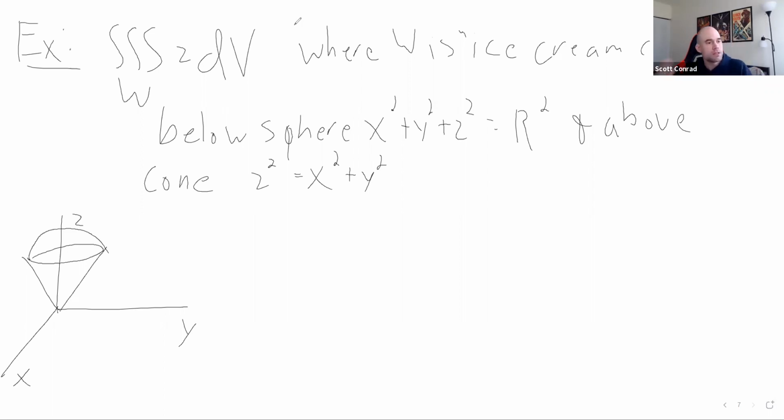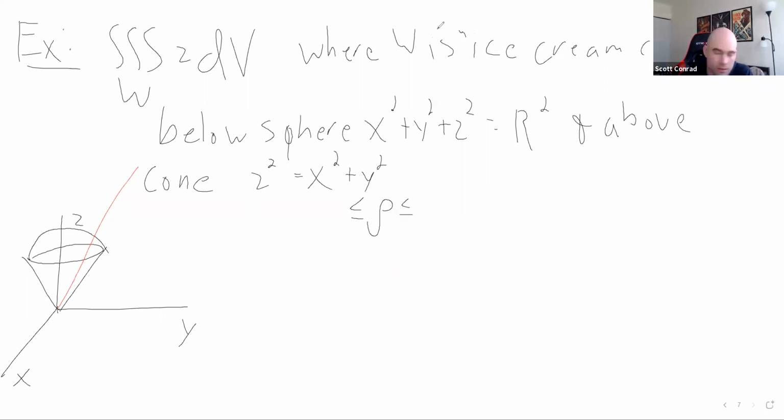Okay, so we need to find the bounds for rho, phi, and theta. For rho, remember we play the same game. Look at a line starting from the origin through your figure.